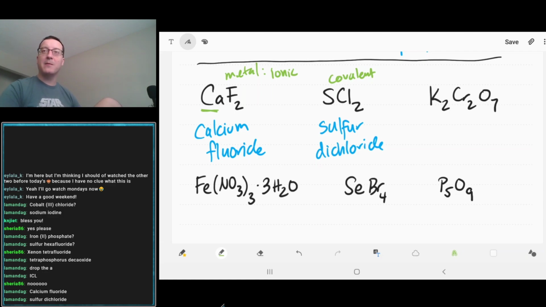Maybe mark a little I or a C, so when you go to name them you remember, okay, this one's ionic, I have to follow the ionic rules. Or, this one's covalent, I have to follow the covalent rules. Or, as we'll see tomorrow, this one's an acid, and I will have to follow the acid rules. Okay, anyways, off my soapbox there.